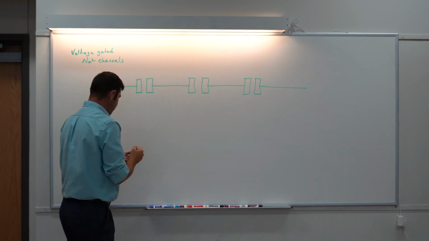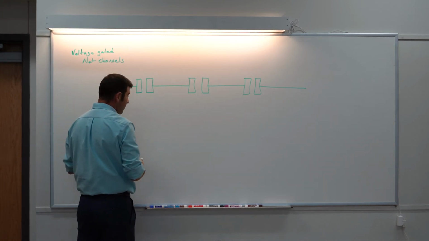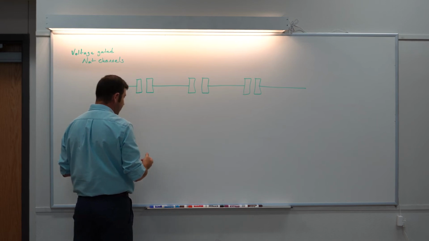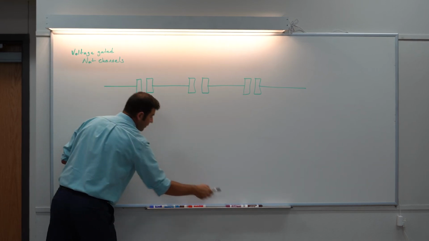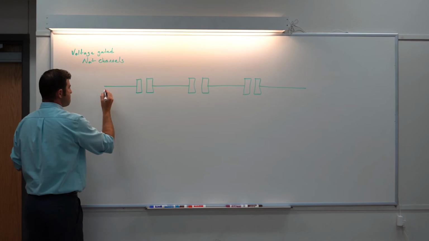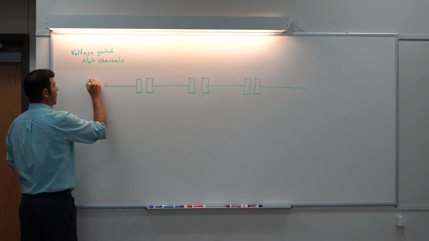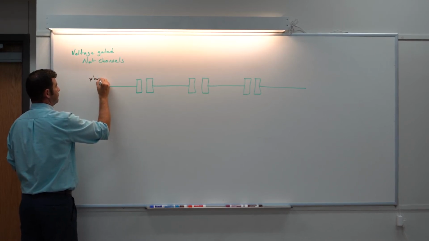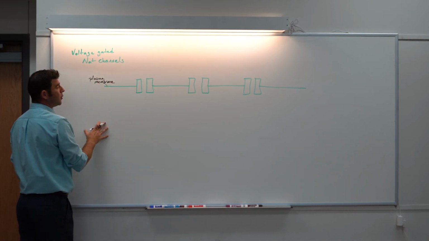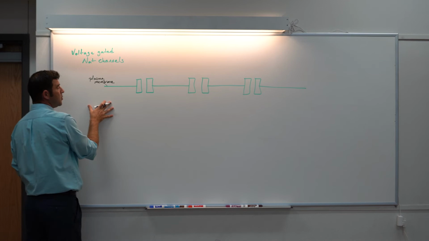To explain what I'm trying to diagram, what we have here is a plasma membrane. Let's label this as our plasma membrane. We're looking at a typical neuron, and these are the voltage-gated sodium channels.